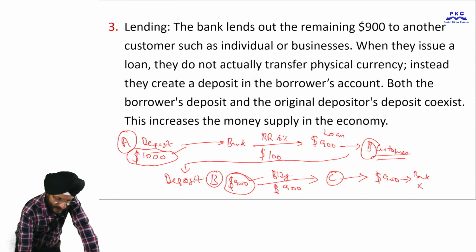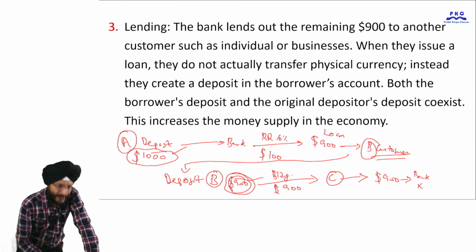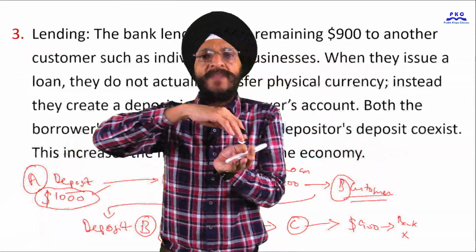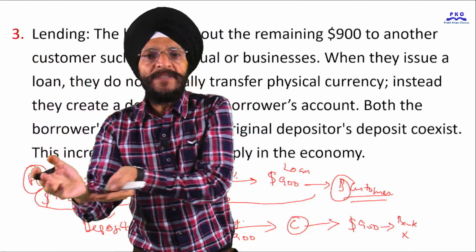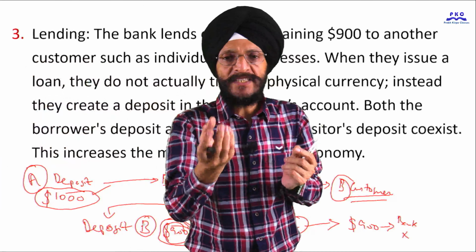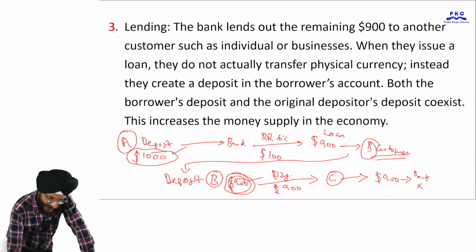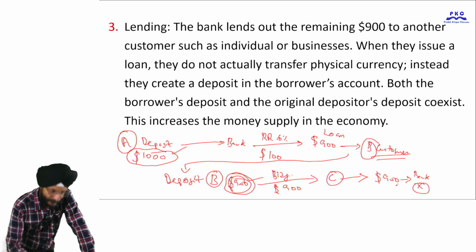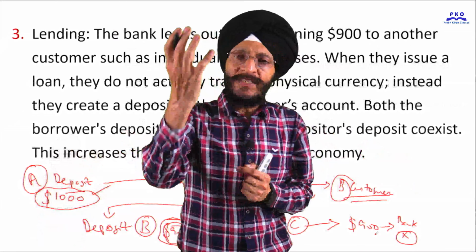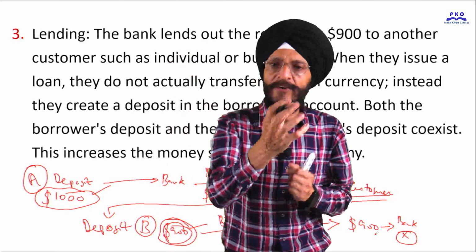So when this loan amount of $900 has been given to another person for purchasing a particular building, now this amount again gets deposited in some other bank X. So now the deposit of another bank increases by $900.